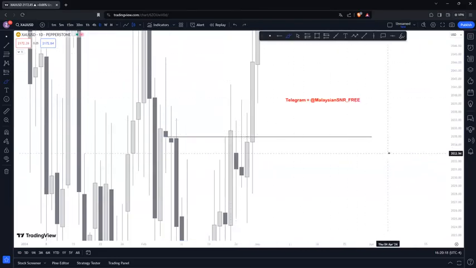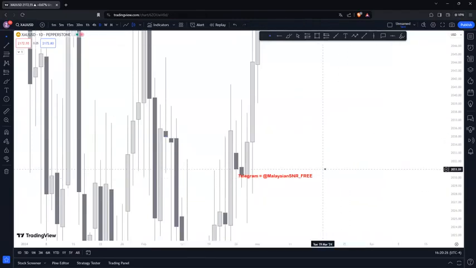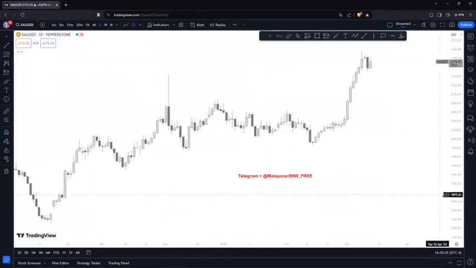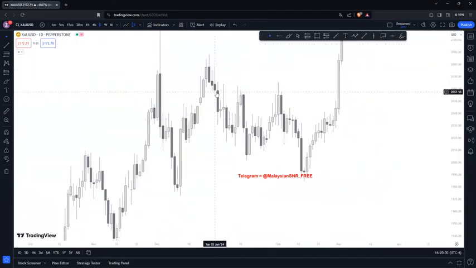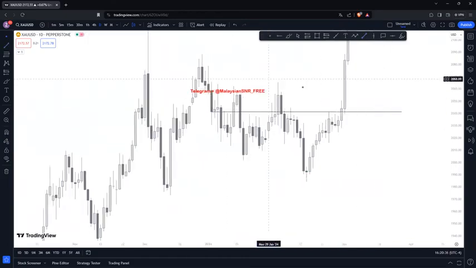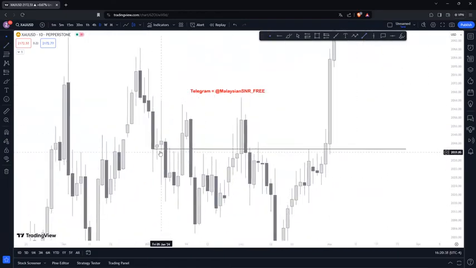There is a difference between use and touch, guys. I'm going to explain that in a bit. Now, is everything clear about fresh and unfresh? Just to make sure that you guys understood, I'm going to mark a level and you tell me if it is fresh or unfresh. So I'm going to take this gap. Let's just take this QM and drag it to the right. Now, is this level fresh or unfresh?